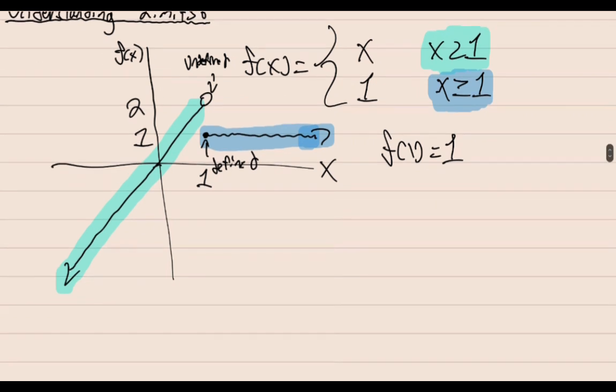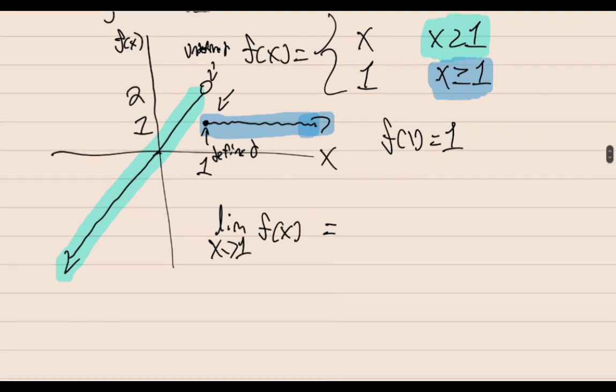So when somebody asks you, what's the limit as x goes to the special value 1, because that's where we see a little jump from 2 to 1, of f of x? Well, this is when you tell them, I don't know. The way to do this is that you check the value going from the left and the right.